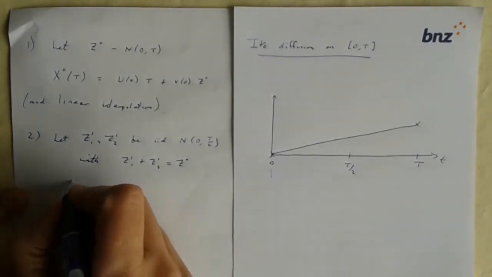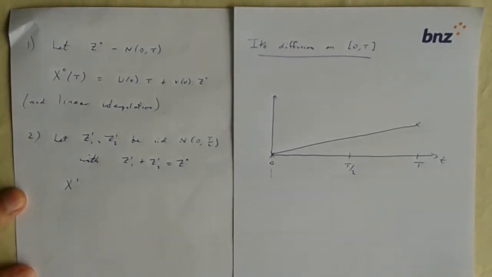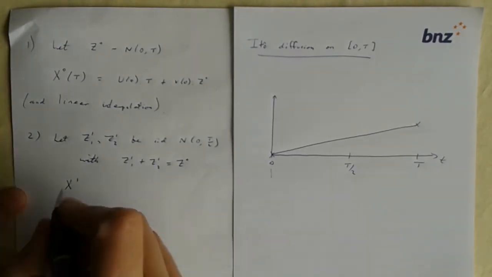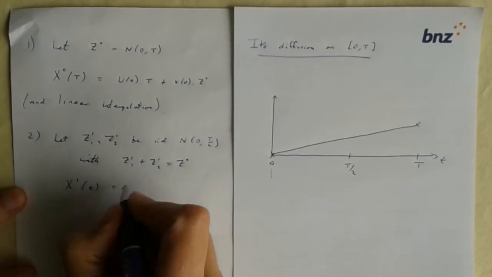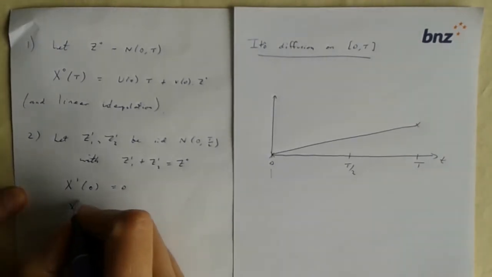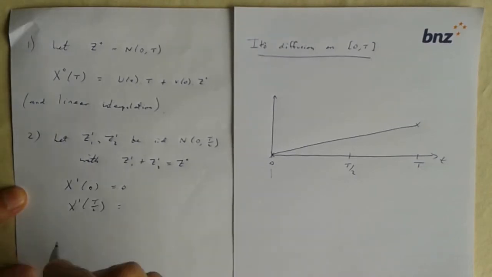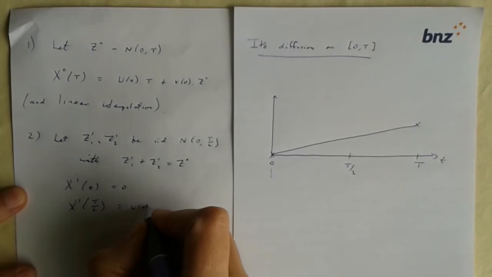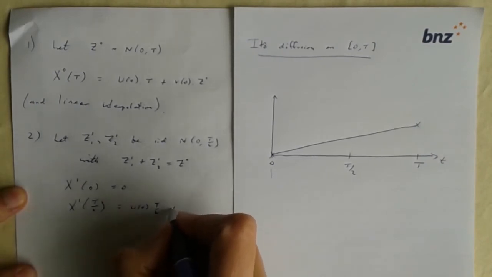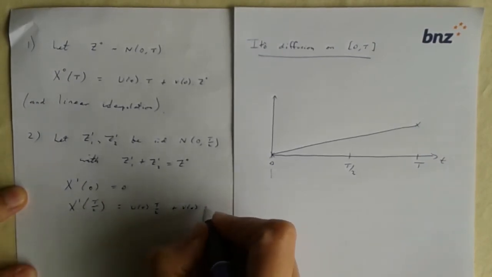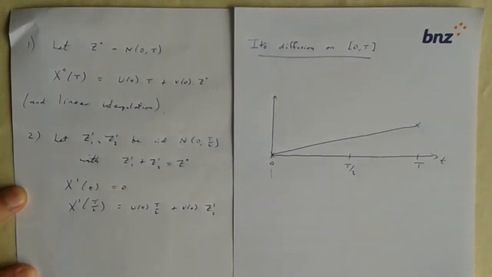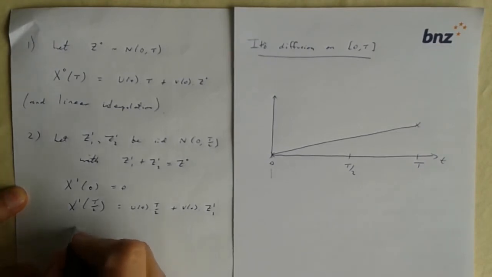And now we're going to have something we'll call x1, another random function. It'll again be 0 to start with. At the time point t over 2, it will be like that. So similar construction to before, but now we've only got t over 2 of time.